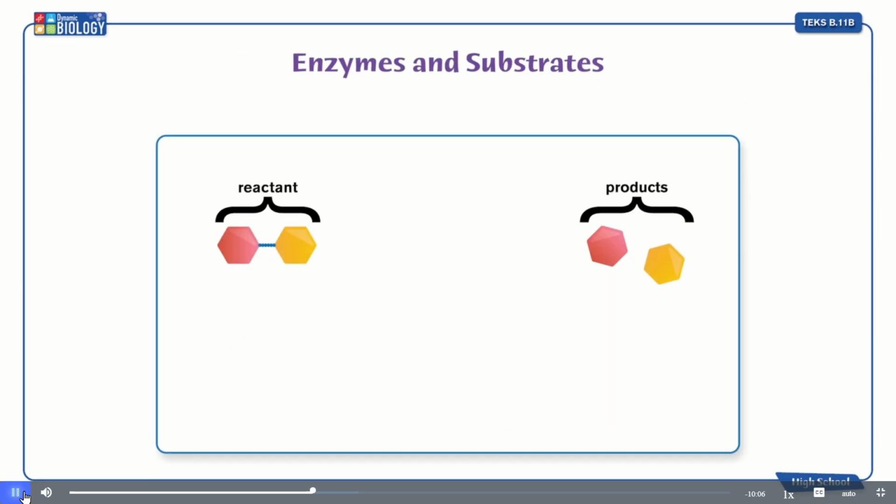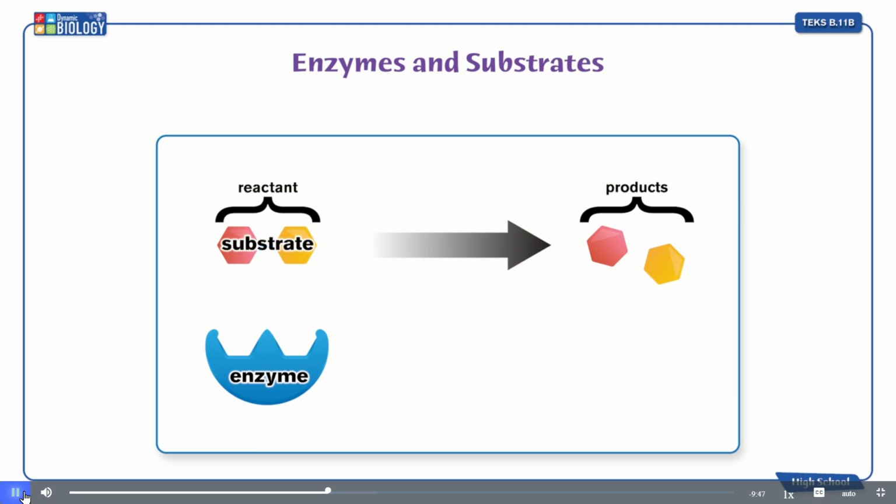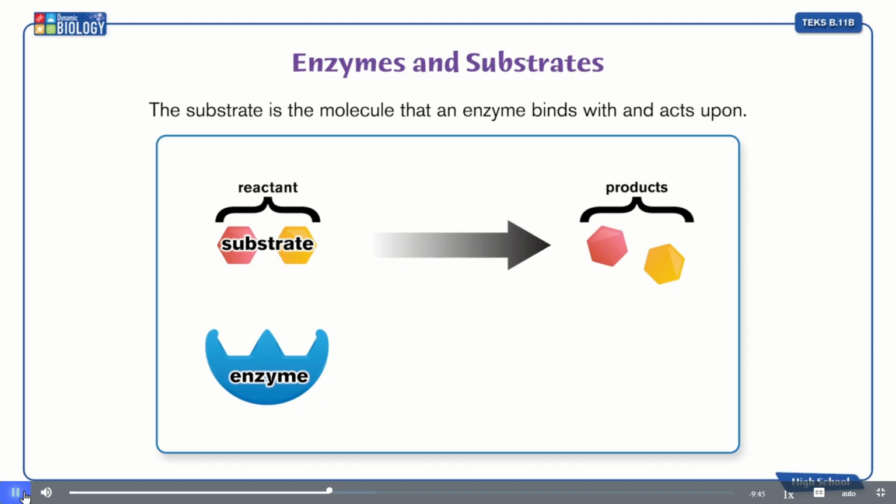In this chemical reaction, we have one reactant molecule breaking up into two products. So, how does an enzyme help? Here is our enzyme. This enzyme is going to bind with our reactant. So, we refer to the reactant as the substrate. The substrate is the molecule that an enzyme binds with and acts upon.